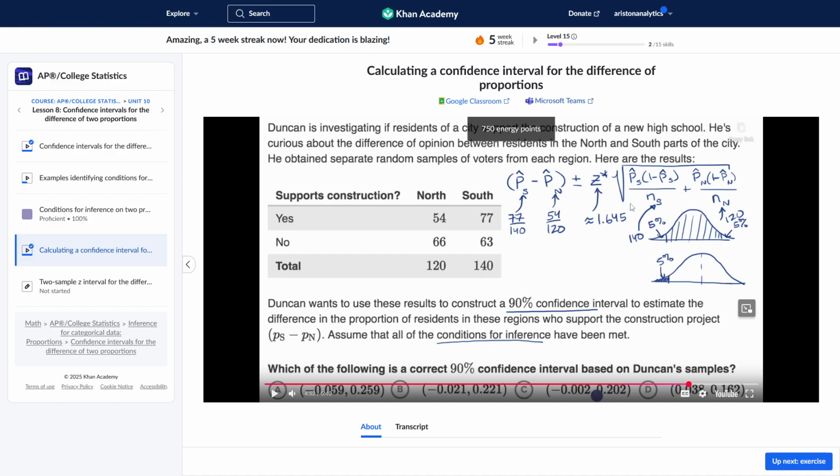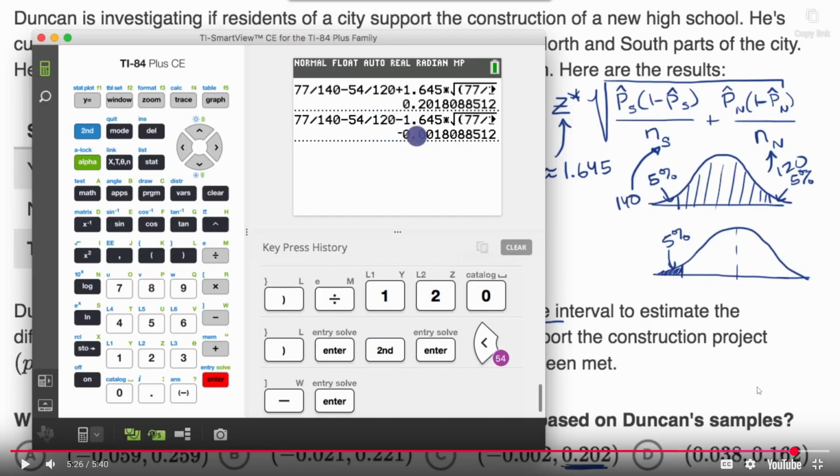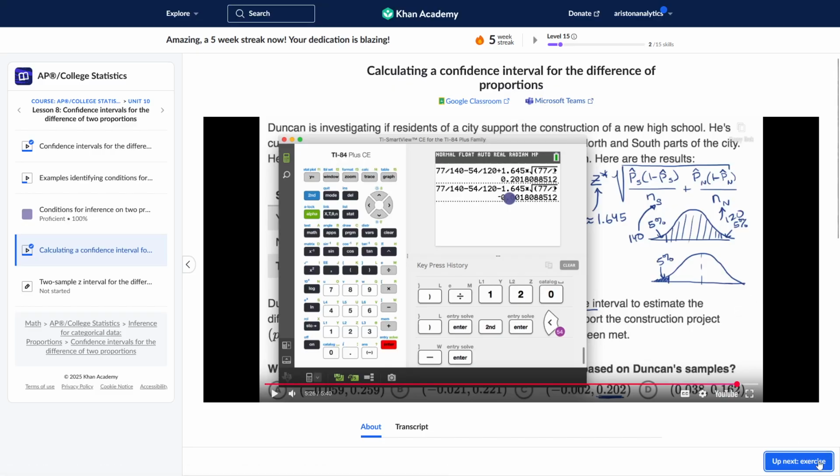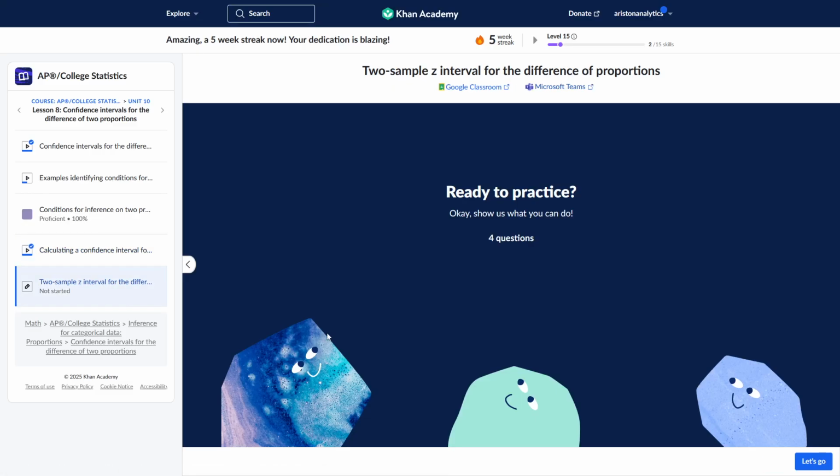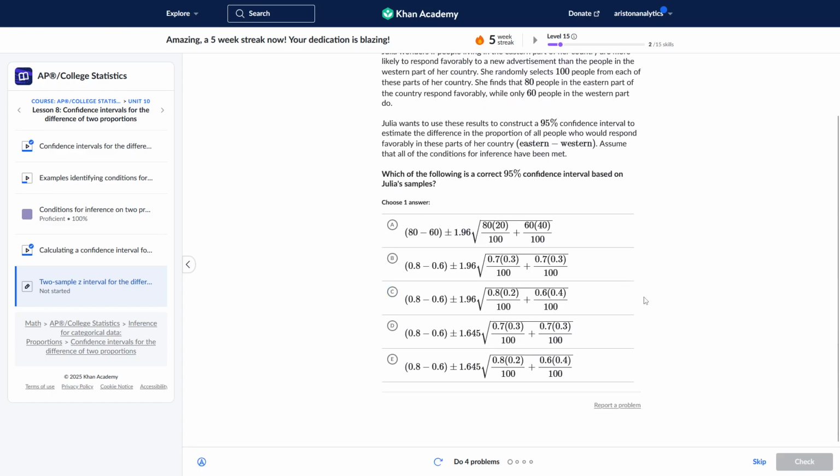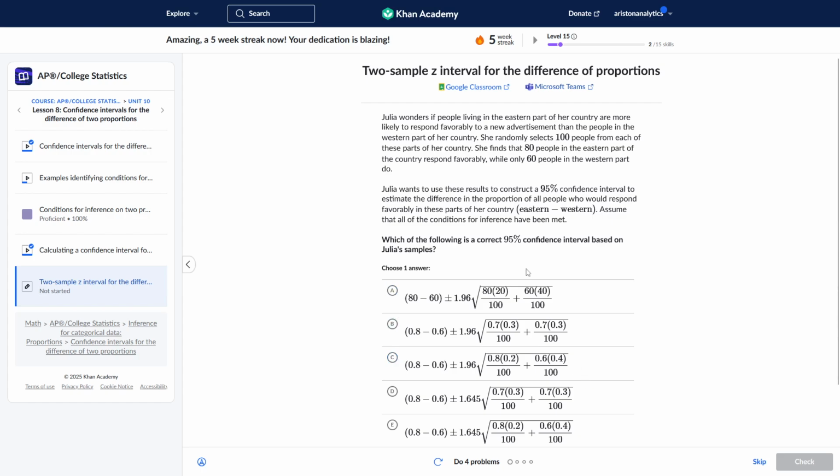And then you multiply this by the standard error for both sampling distributions. Okay. Sample results. Let's see if we can remember that. Okay, bounds. Lower bound, upper bound.